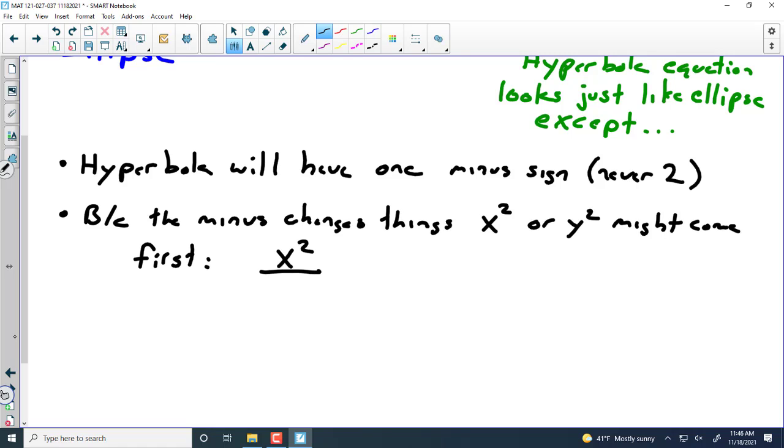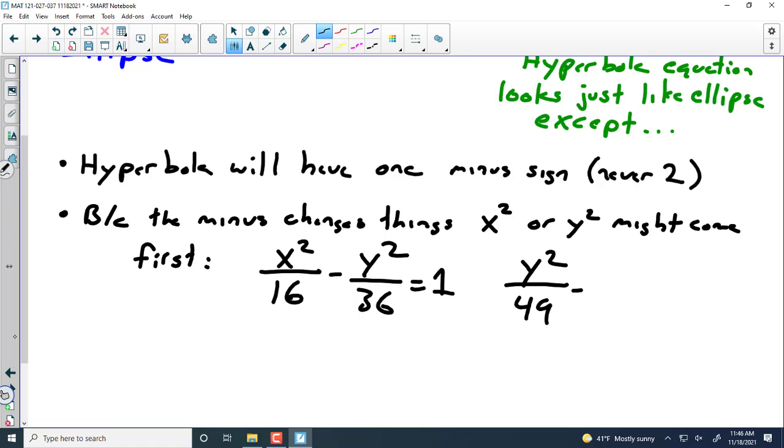In other words, with an ellipse, because it was a plus sign, we always wrote the x squared first because it didn't matter. But with a hyperbola, sometimes the y squared has a chance to not have the minus sign or to be the first term, so we write it with a y squared first. Occasionally the y squared will come first, actually just as often as the x squared comes first.